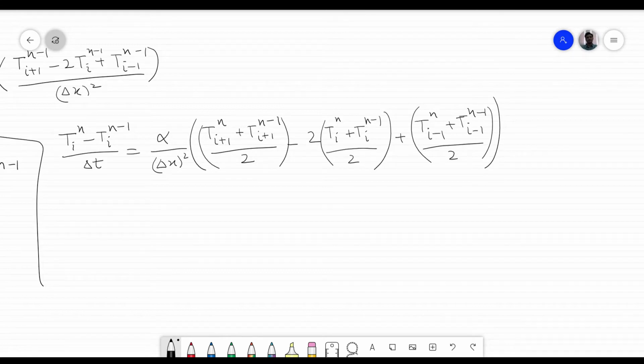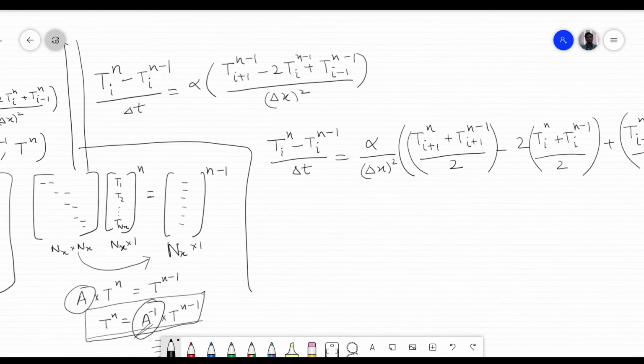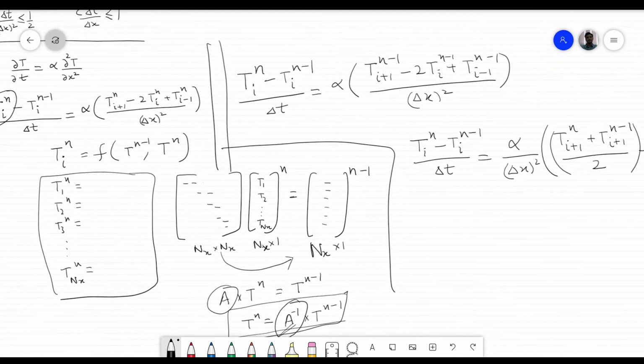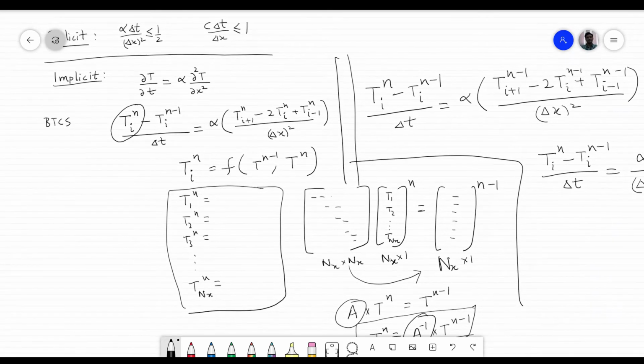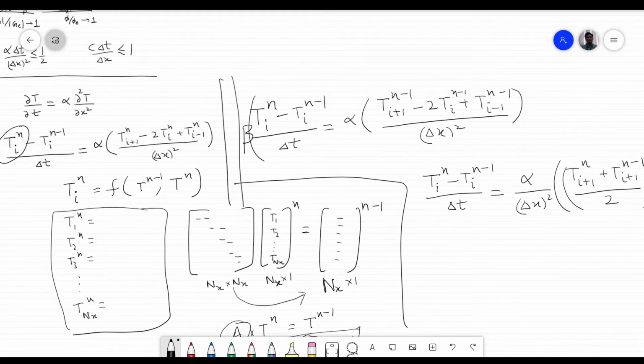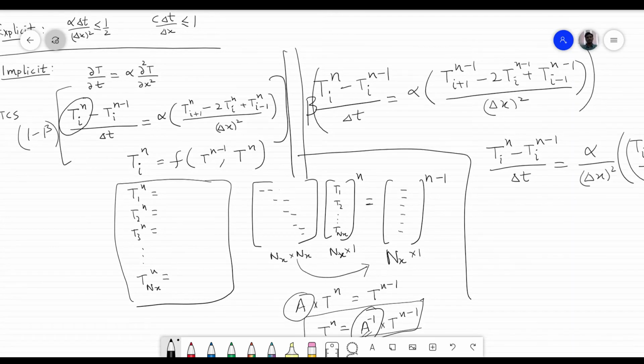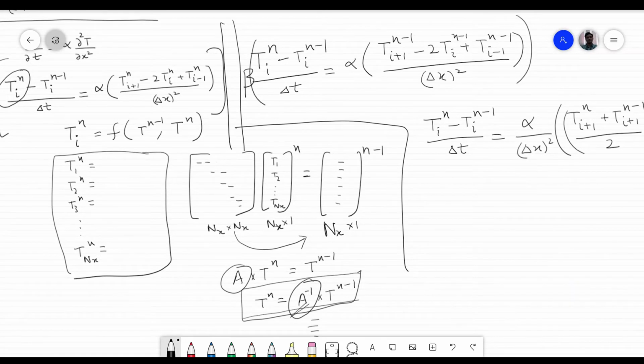This is one way of doing this averaging. What you can do is you can multiply this with some beta, let's say, this whole equation, and you can multiply the implicit equation by 1 minus beta, and when you add both of them, the left hand side will become Tin minus Tin minus 1 by delta T, what we have written here.